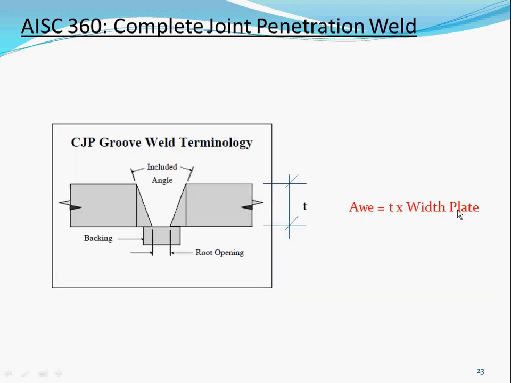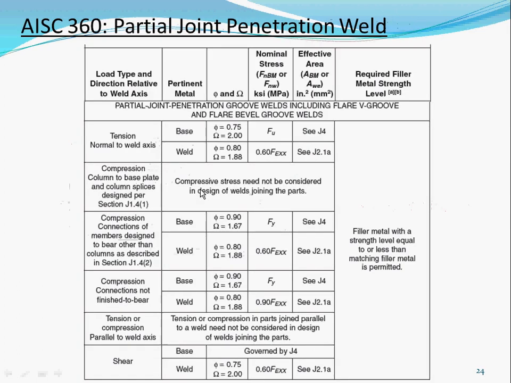The effective area for the weld metal is essentially just the thickness times the width of the metal itself. For PJP, it is different. You have to check the base and the weld, and each one has a different phi factor and nominal stress, Fu or Fy. They spell it out here.